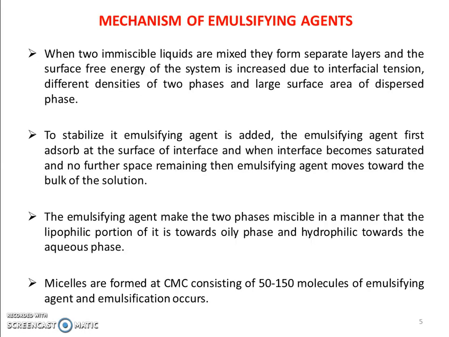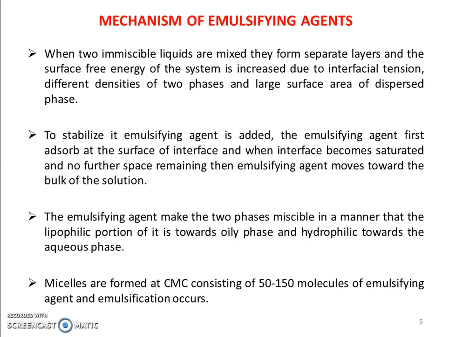In order to stabilize it, the emulsifying agent is added. The emulsifying agent first adsorbs at the surface or interface, and when the interface becomes saturated and no further space remains, then the emulsifying agent moves toward the bulk of the solution.